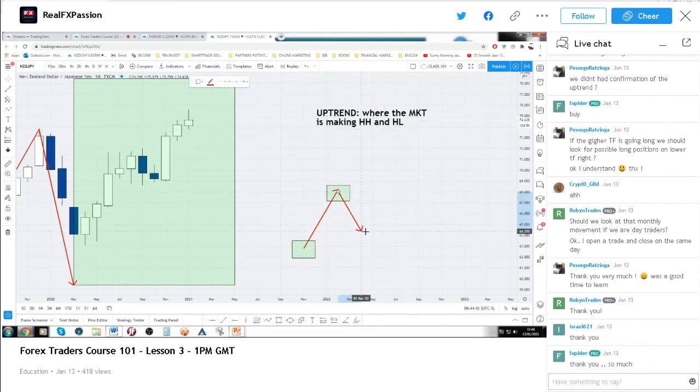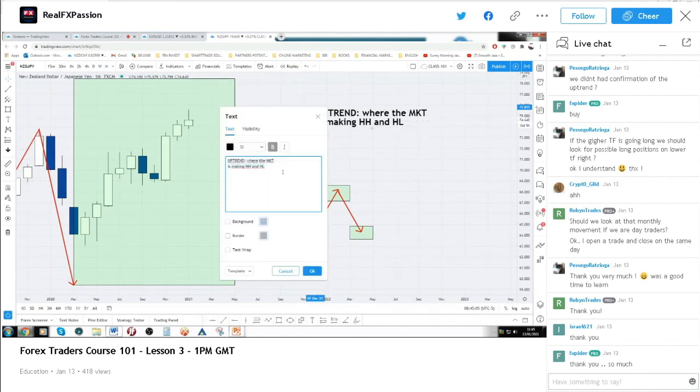Now I have 2 lows and the second low is a higher low, but I have 1 high. Is this an uptrend? Robin says no, Willie no, Pesego no. I have 2 lows where the second low is a higher low, but I have only 1 high. So let's make it better.